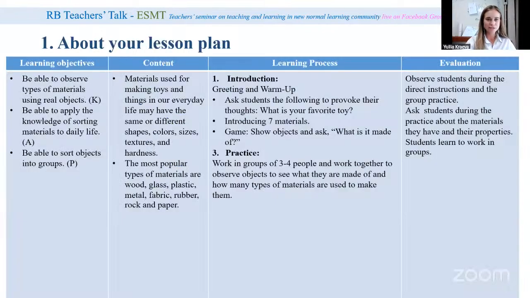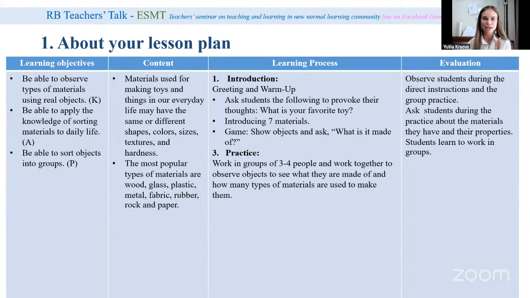About my lesson, the learning objectives: students be able to observe types of materials using real objects, be able to apply the knowledge of sorting materials to daily life, and be able to sort objects into groups.